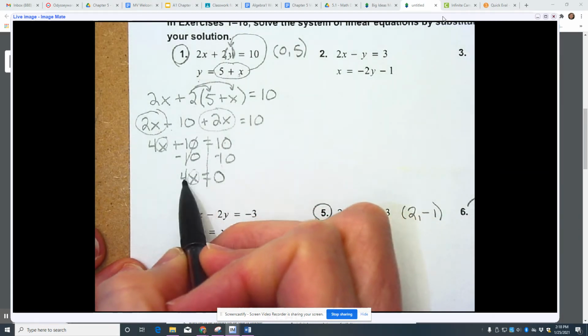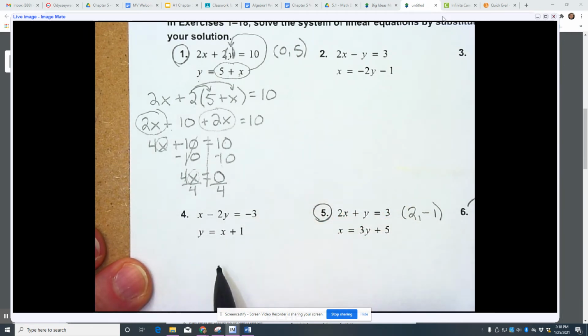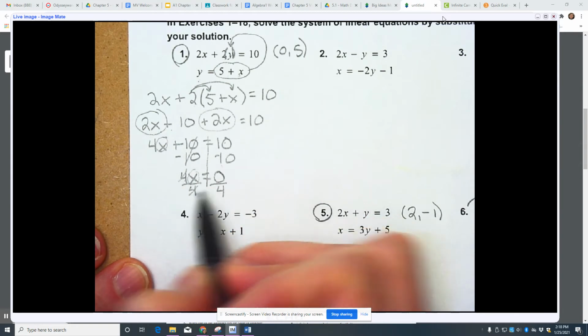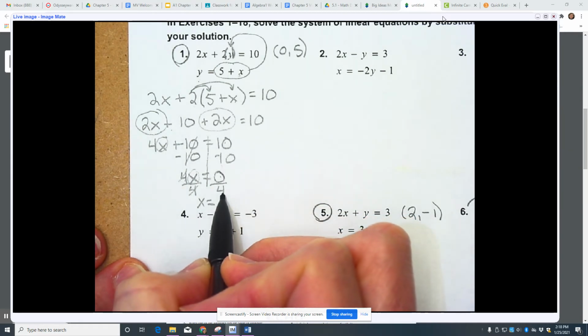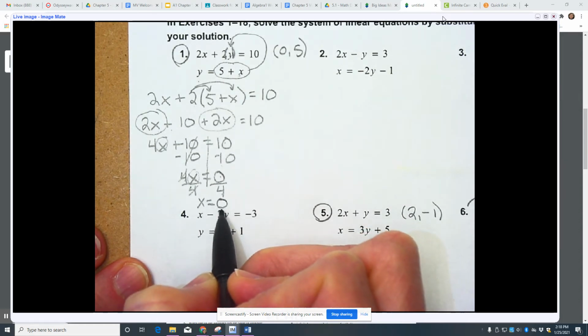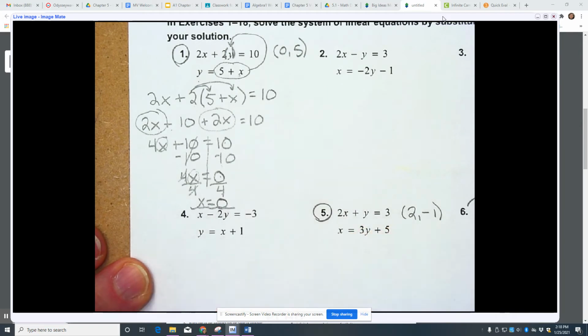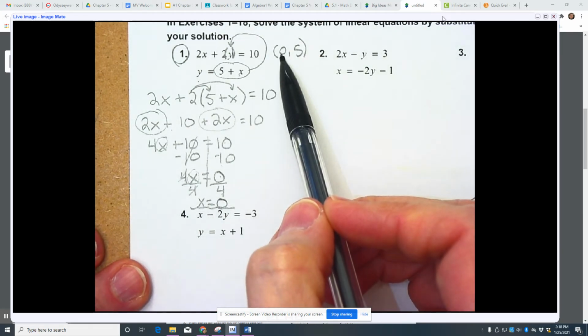To undo 4 multiplied by x, divide both sides by 4. 4 divided by 4 is 1, so those cancel out, and I have x equals 0 divided by 4, also fine. Put it in your calculator, you will get 0. So x equals 0. That's what I had up here. 0 is x. So go ahead and write that up there.